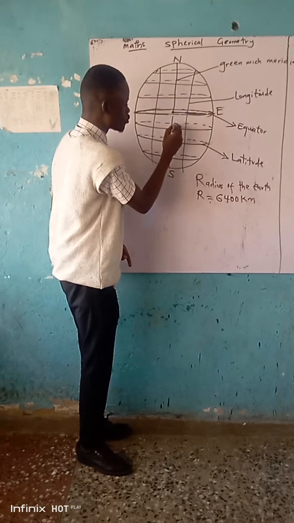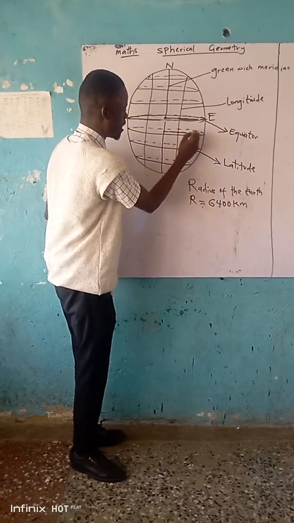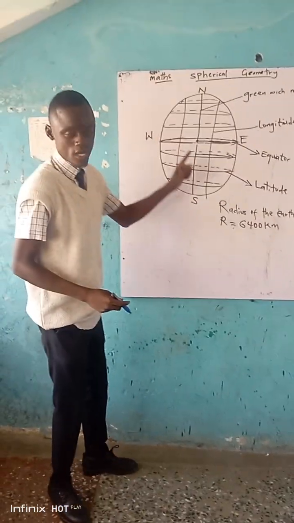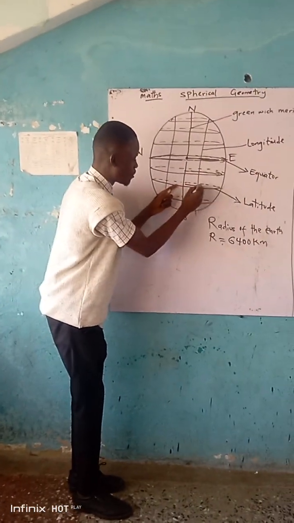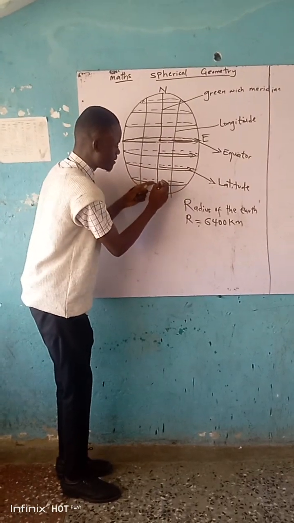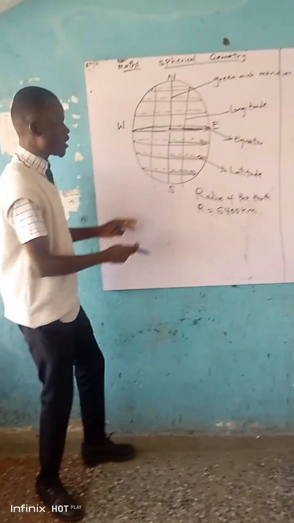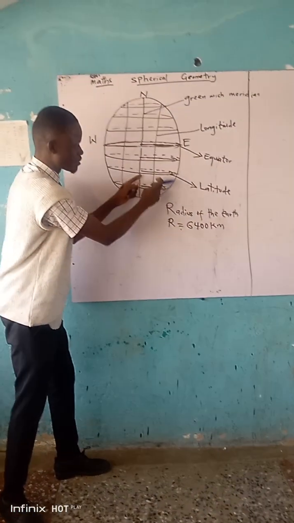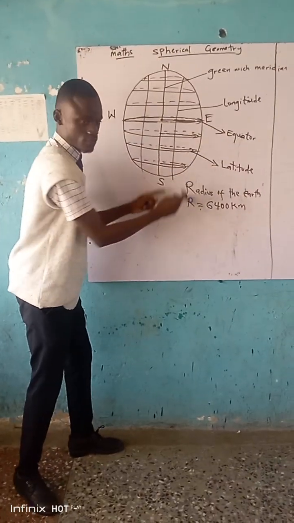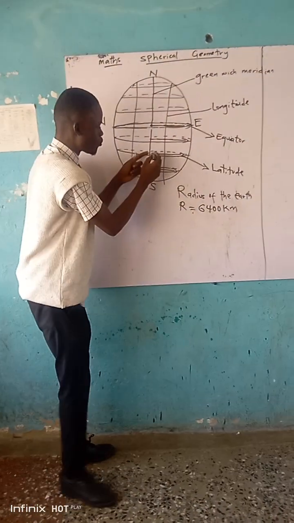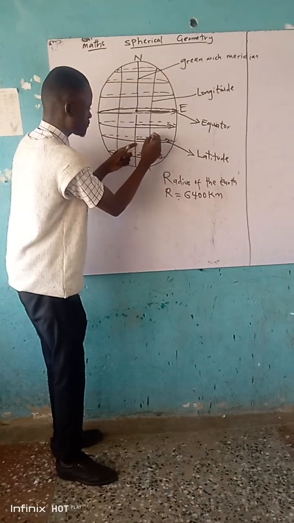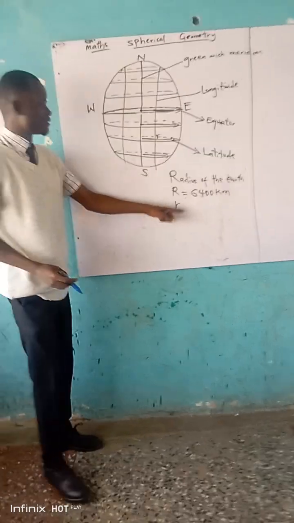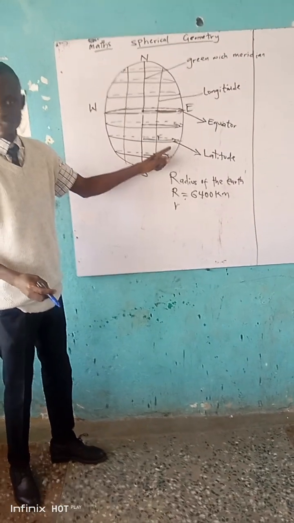Now, outside the equator, if we come to this latitude and measure the value of our R on this longitude, it's going to vary from the one we measure here, because the farther you go, the value of your radius for the latitude is reducing. That means we will call this other one small r. This is the small r, the radius of the latitude.